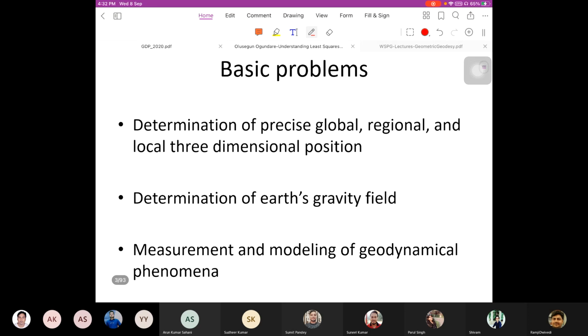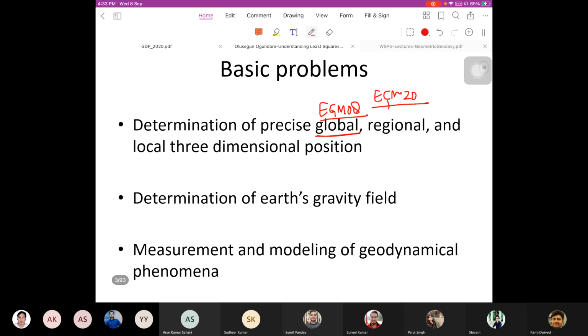Just like what Shivam has told us, EGM08 is a global geoid model. Now the 2020 version, EGM20, is also available. We'll discuss this in detail.